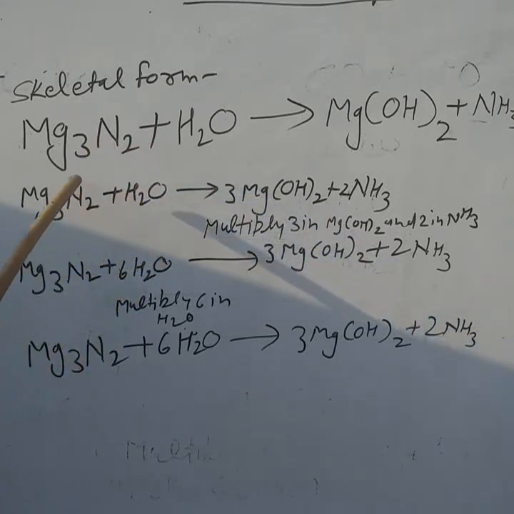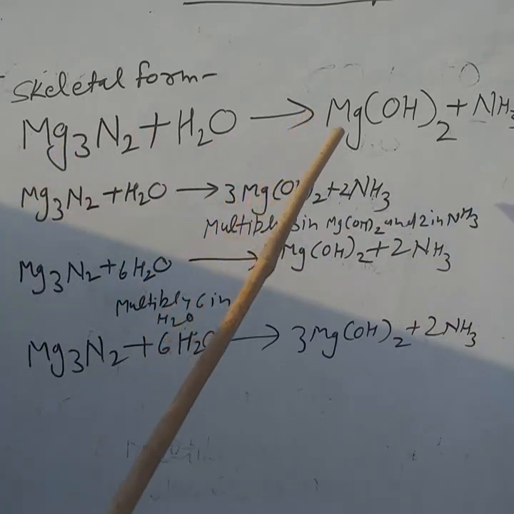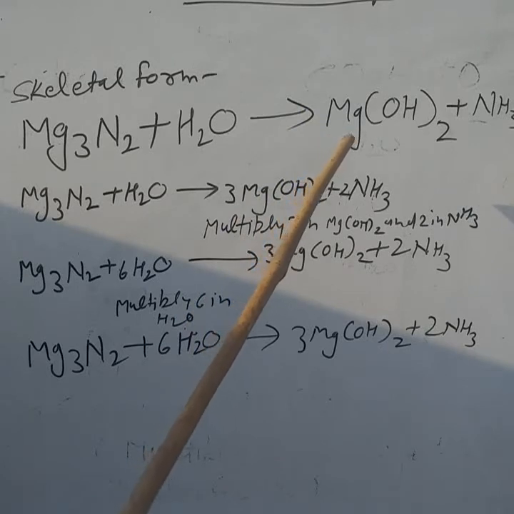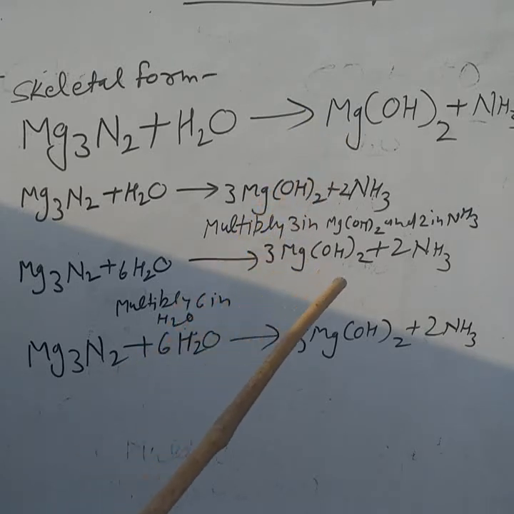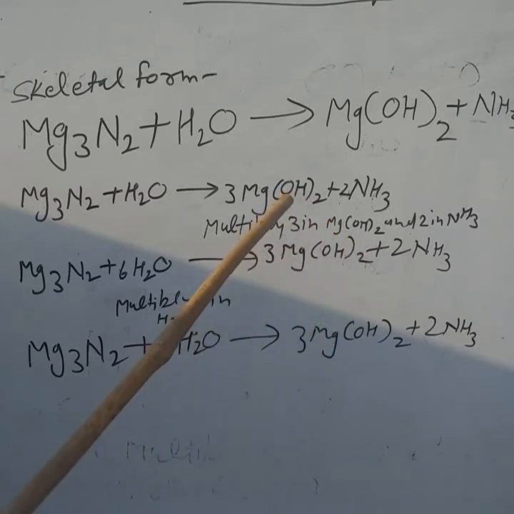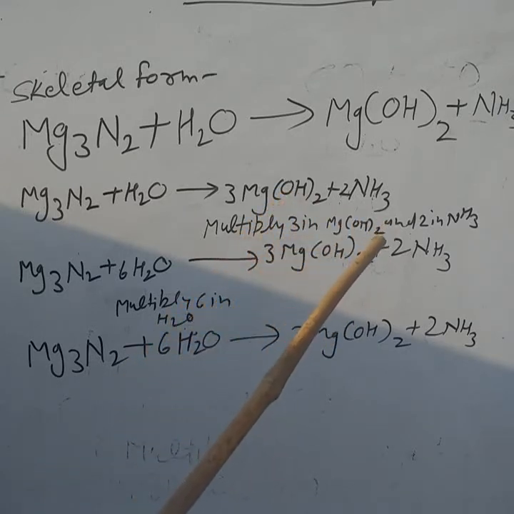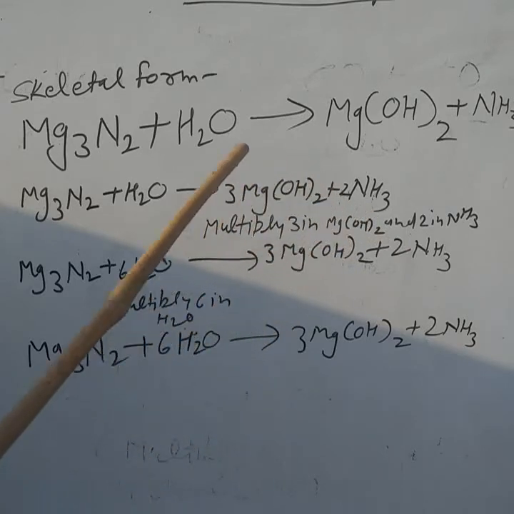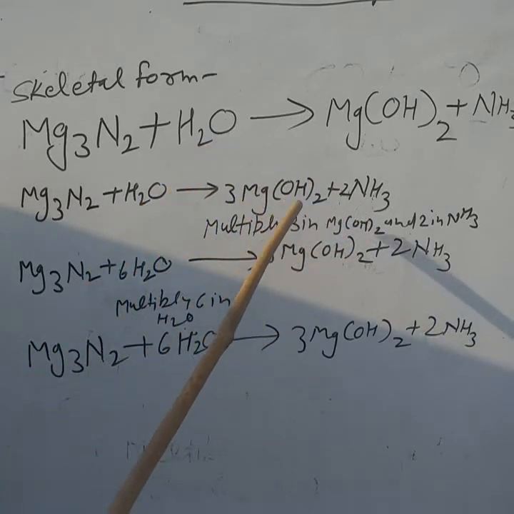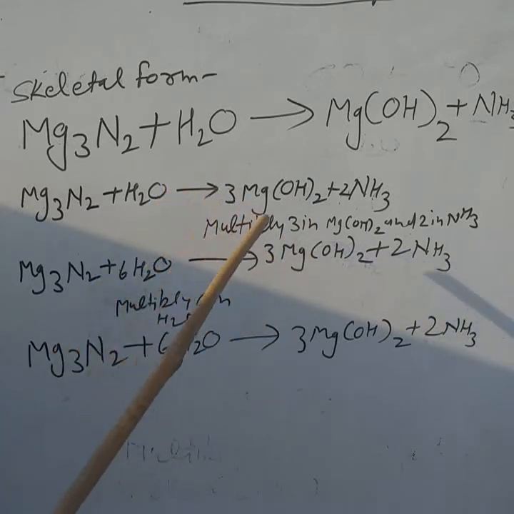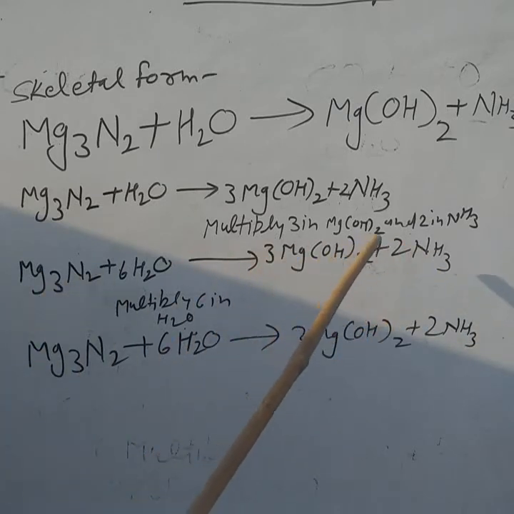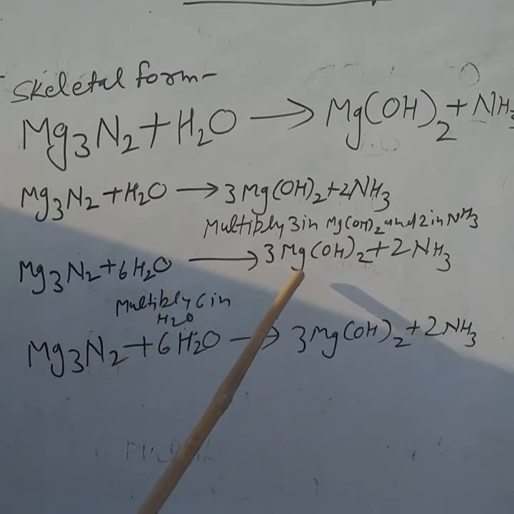The next step: the number of magnesium is 3 on one side and single on the other side. So multiply magnesium hydroxide by 3 and ammonia by 2. Now the number of magnesium is balanced on both sides, the number of nitrogen is also balanced on both sides, but the number of hydrogen is unbalanced.